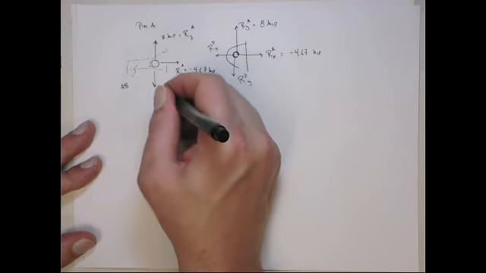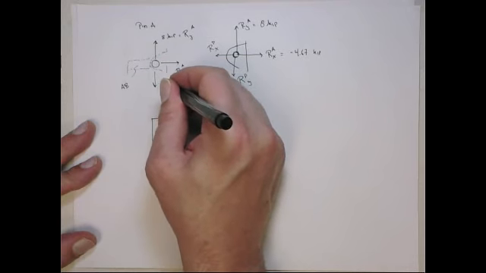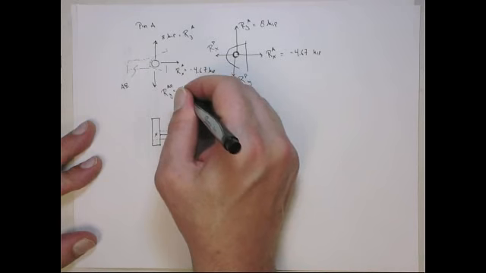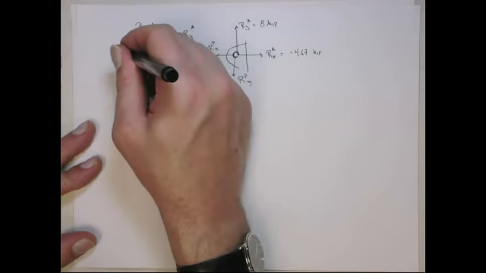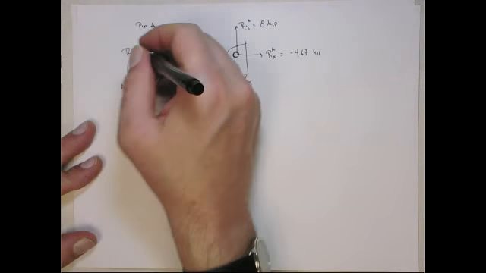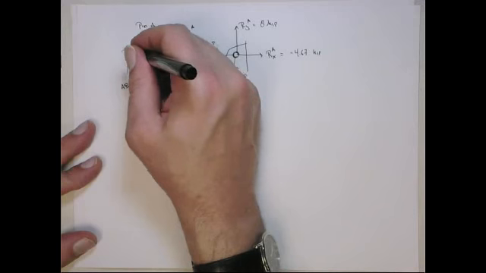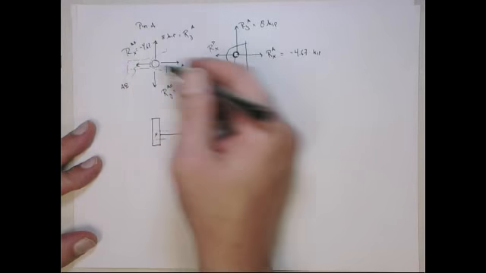So this would be the reaction in the y direction from element AB. It's going to have to equal this in the opposite direction, and then here is the reaction force from element AB onto the pin in the x direction, and that's going to be minus 4.67 kips, acting in the opposite direction.